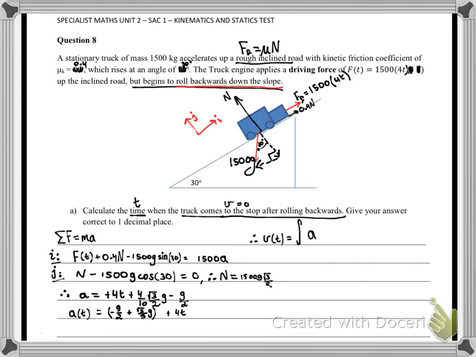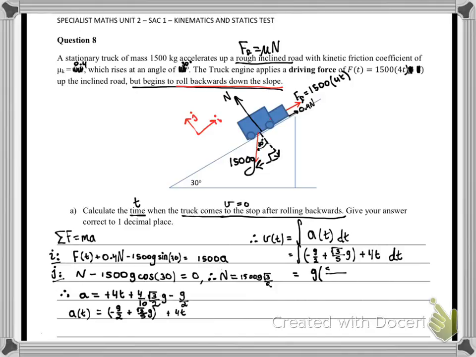So the truck coming to a stop is when velocity is equal to 0. So what do we know about velocity? Velocity is in fact the antiderivative of acceleration. So we've got to work out this antiderivative by integrating the expression.